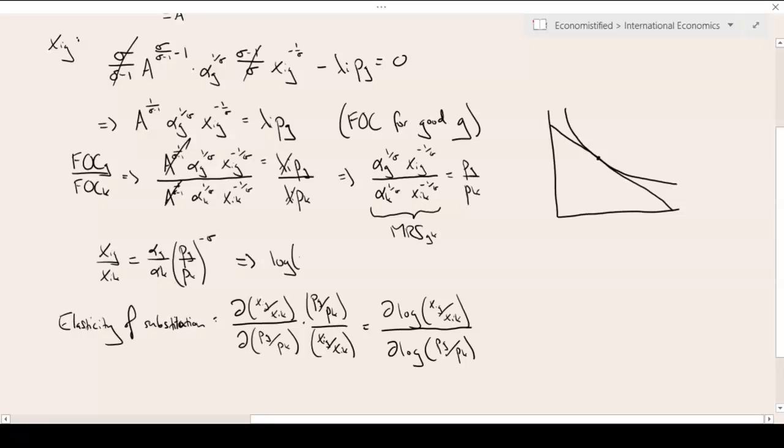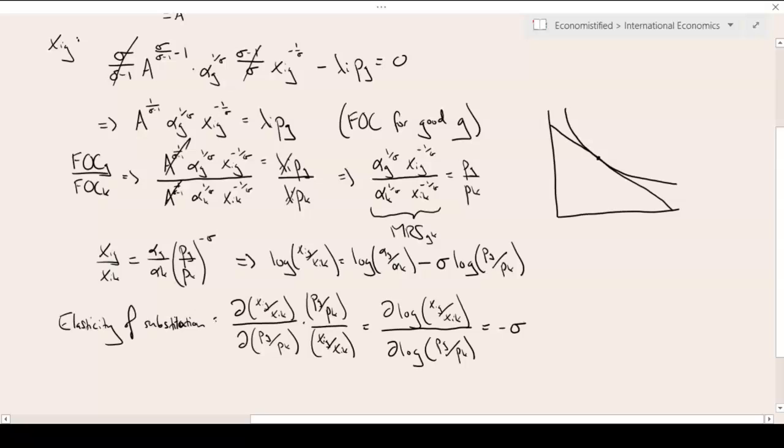So the log of xig over xik is just equal to the log of this constant term minus, using the properties of logs to bring down the power, sigma times log pg over pk. Okay, and if we differentiate the log of xig over xik with respect to the log of pg over pk, what do we get? Of course, we get minus sigma.